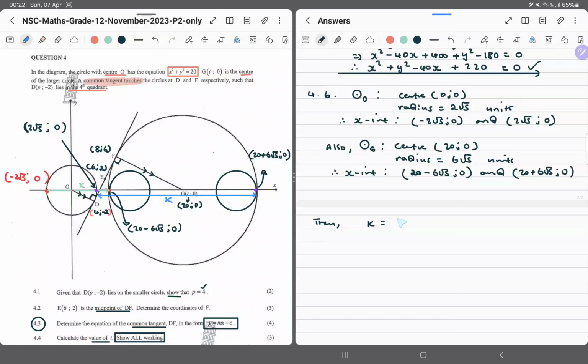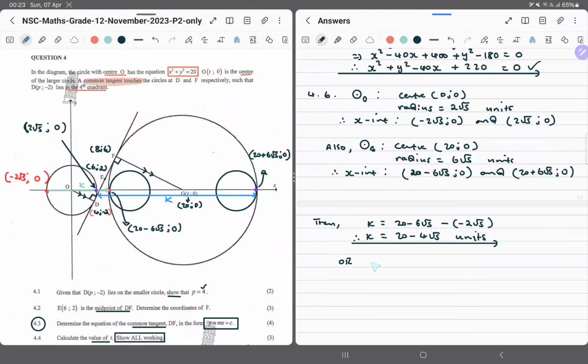So it's going to be essentially 20 minus 6 root 5 minus that coordinate there, which is going to be minus 2 root 5. Therefore, our k is going to be 20 minus, this is going to be plus, so it's going to be essentially 4 root 5 units. That's the first solution.